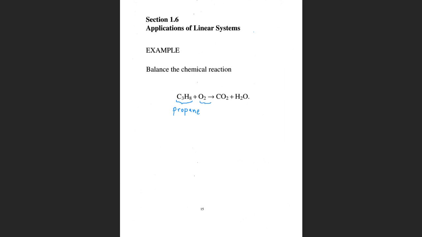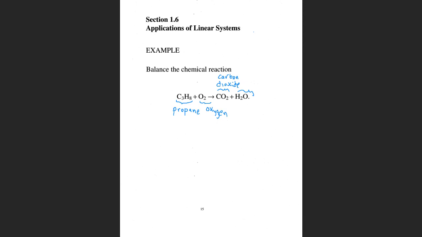So if you combine propane and oxygen in the right amounts, it's going to produce what's CO2? Carbon dioxide. That's right, Jacob. That's right, Cameron. Carbon dioxide, okay. And H2O is what?